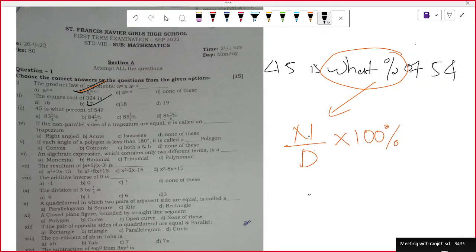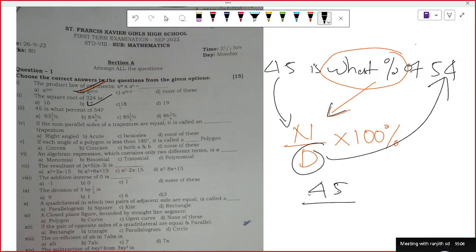Numerator by denominator into 100%. This is the formula we use to find the percentage of any value. What's the numerator here? 45, divided by the denominator 54, into 100%.